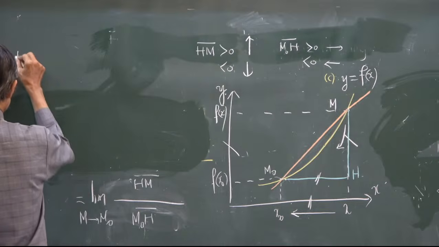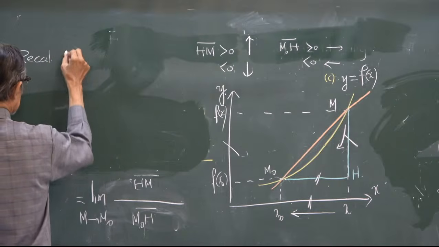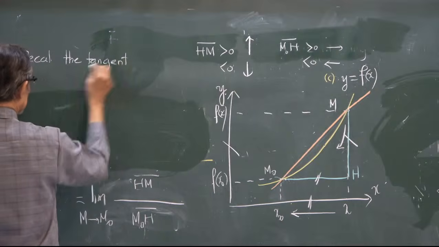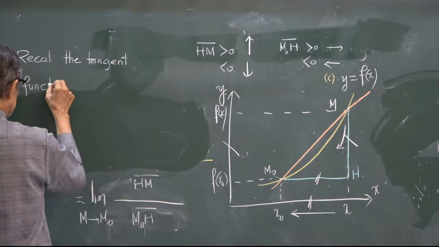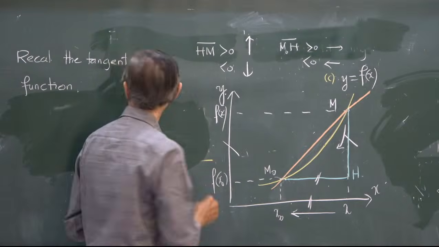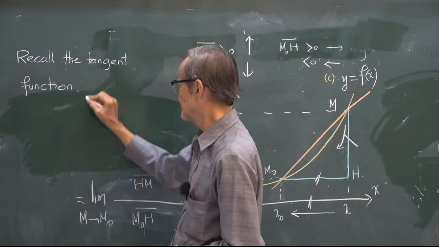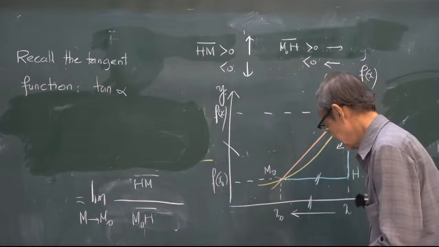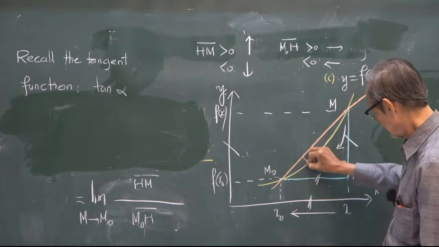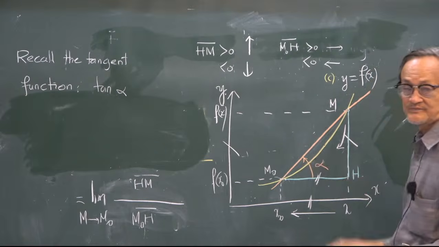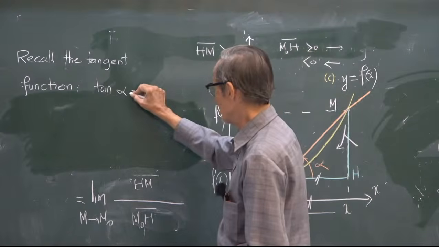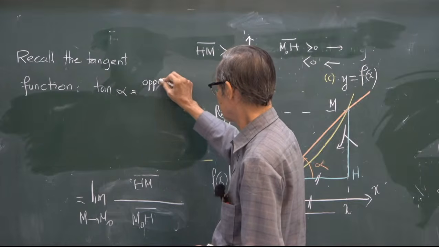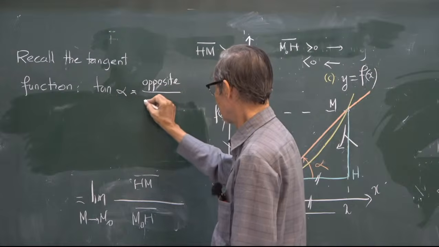Now we call the tangent function. We have tangent of alpha here equals opposite over adjacent.